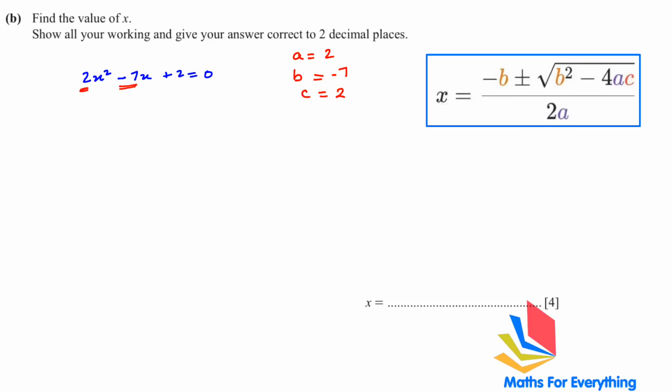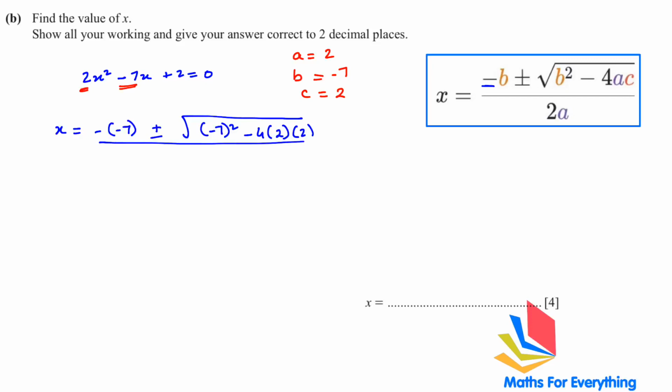So we will write x is equal to, remember that there is a negative here and your b also has a negative. Put it in a bracket and write divided by 2a. So 2 times 2.